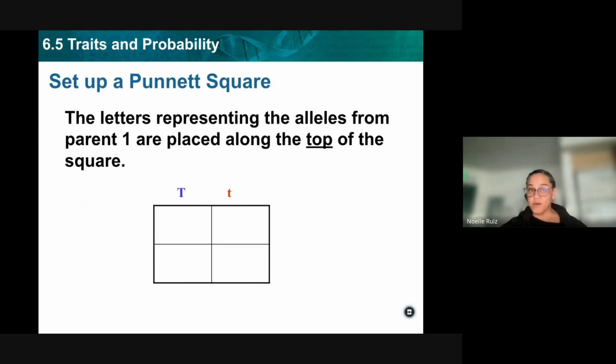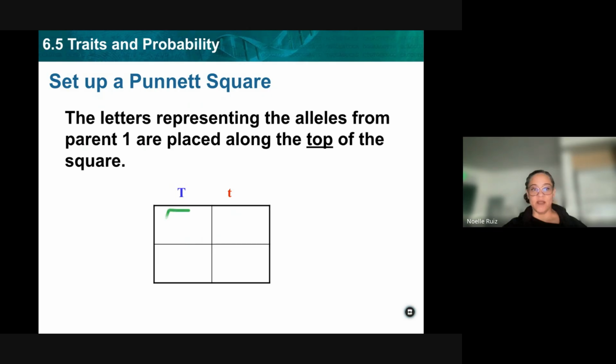So set up a Punnett square. We're going to take this Punnett square and set it up. You only really need to draw it once, or you can draw it different times just so you have it all together. It's up to you. So the letters representing parent one, we put them at the top, and we put them outside of the square.